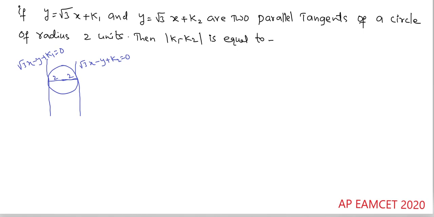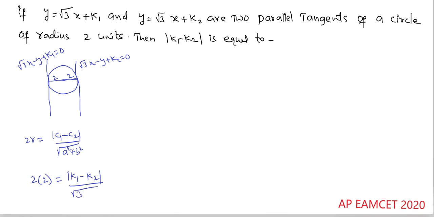So, distance between these two parallel tangents is equal to 2 into radius. That is 2 into radius is equal to distance between the parallel lines, modulus of c1 minus c2 by under root of a square plus b square. 2r, that is 2 into 2, here radius is given 2, that is equal to modulus of k1 minus k2 by under root of a square plus b square.